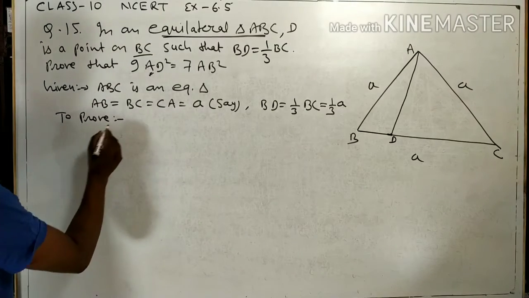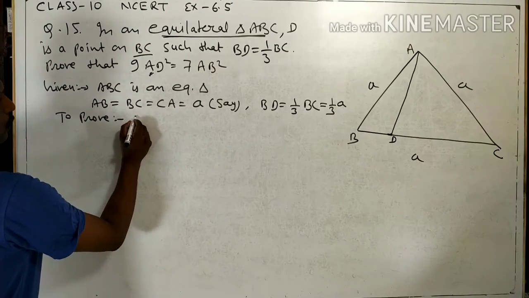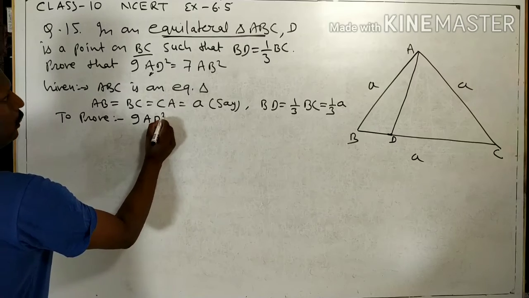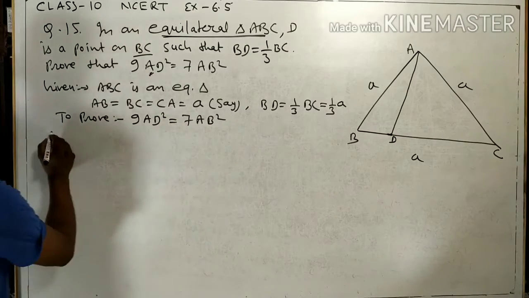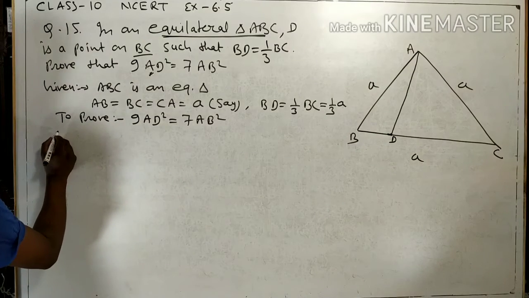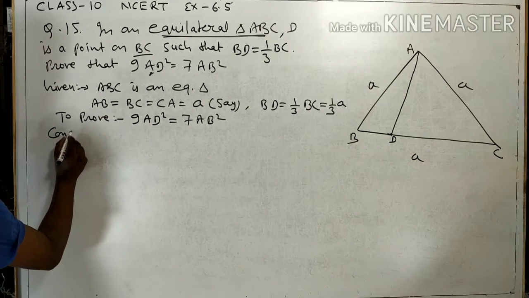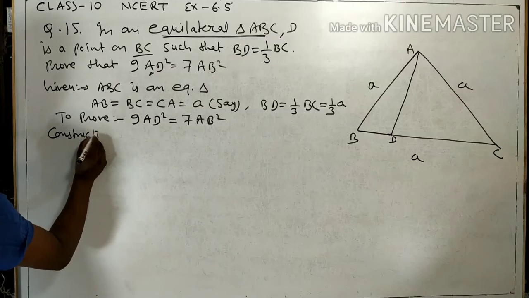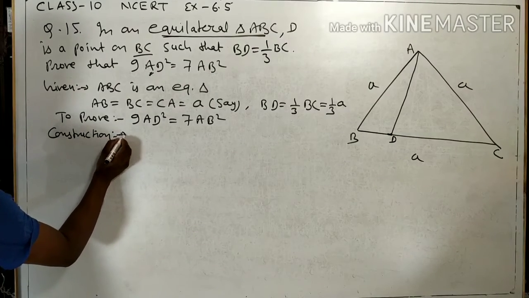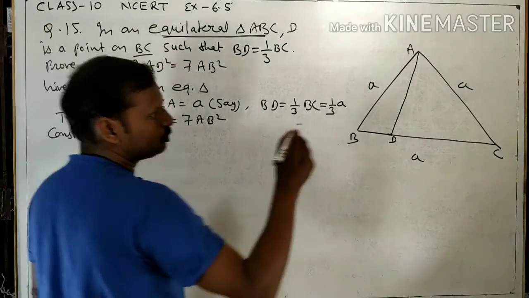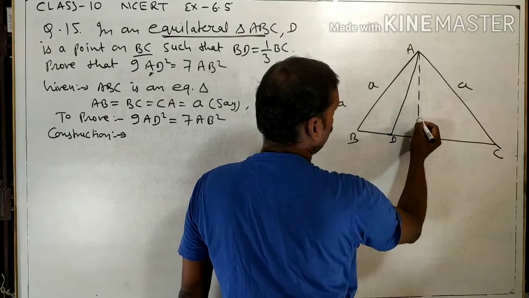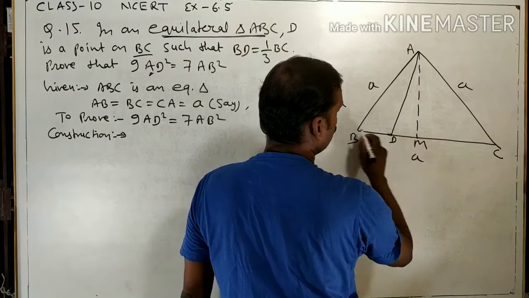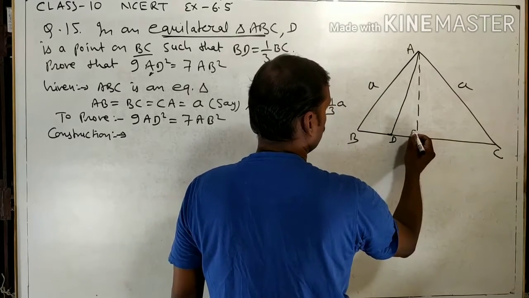We use that fact to prove 9 AD square equal to 7 AB square. So for this we need some construction. So we need to draw some construction on it. Draw a perpendicular on BC. Let it be AM.